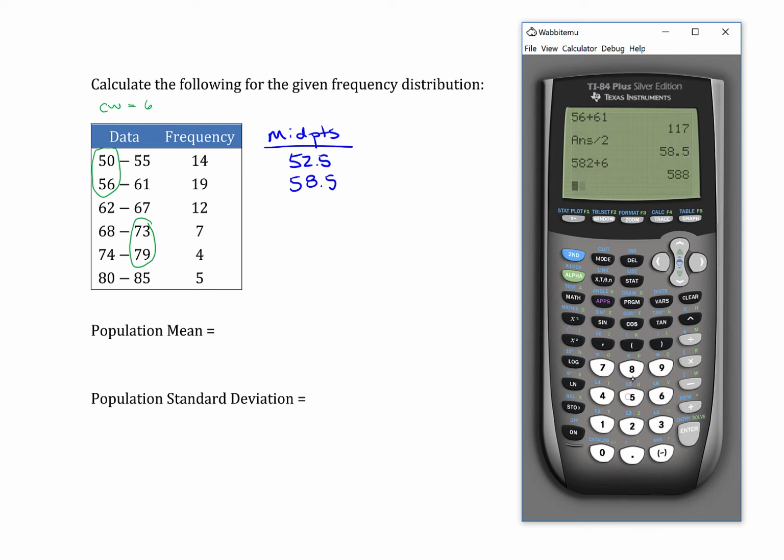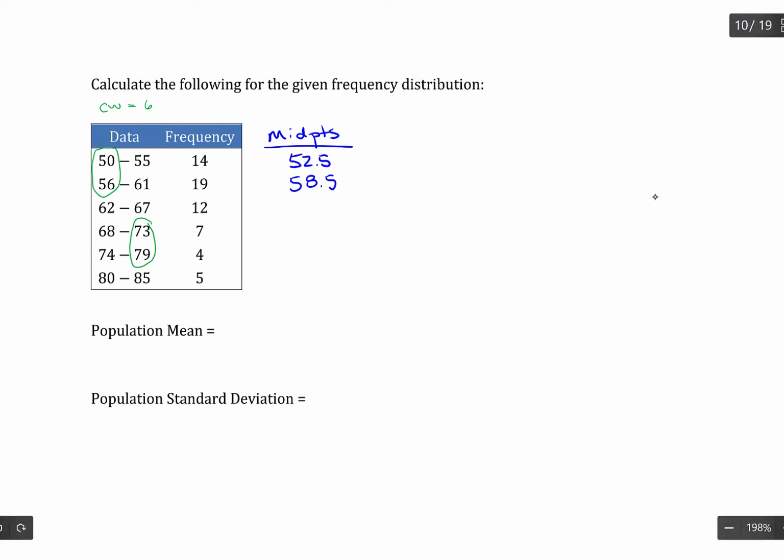So 58.5, plus 6, gives me 64.5. So that would be the next midpoint. And then if I add 6 to that, that would be 70.5. And then 76.5. And finally 82.5. So repeatedly adding 6 can speed this process up.